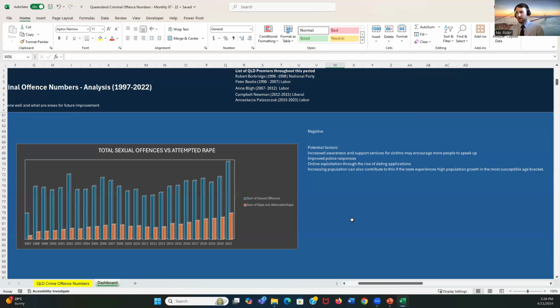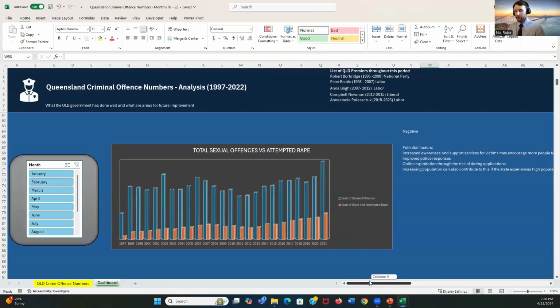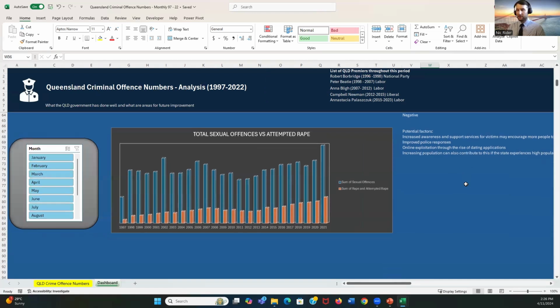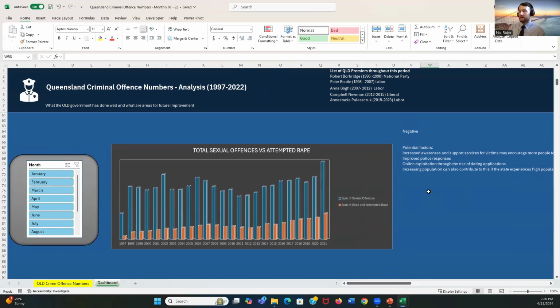If the state's experiencing high population growth, it can make it more susceptible to a certain age bracket. But once again, that's just speculation. We couldn't say that that would be a factor for sure.